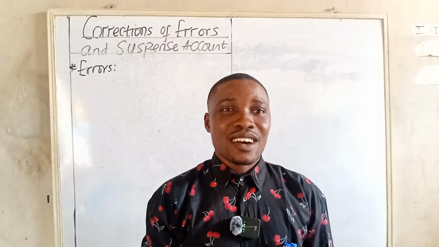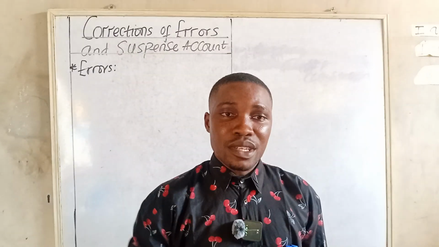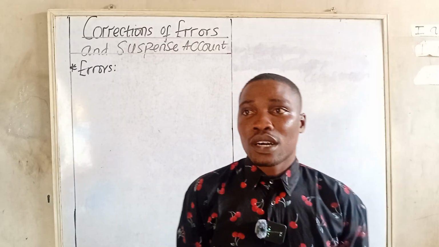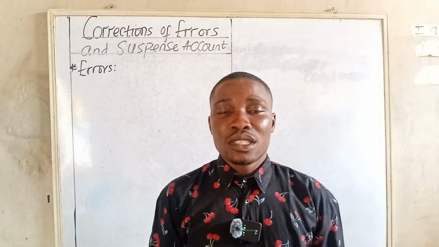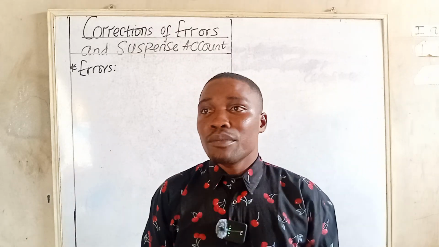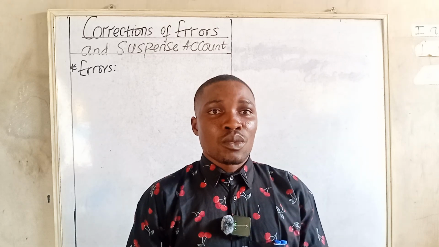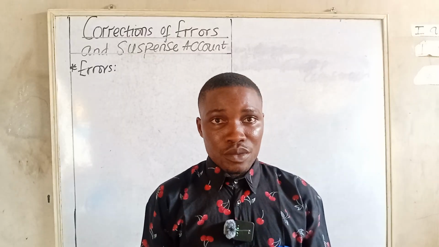So, as far as accounting is concerned, error represents a misstatement, or where you make a wrong posting. Now, if you make the wrong posting or the misstatement, what are you going to do? That's the question, because it's an error.